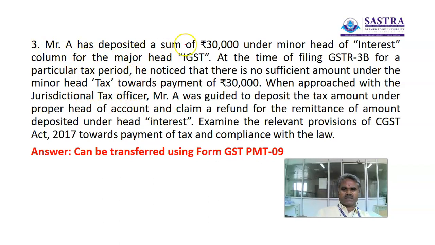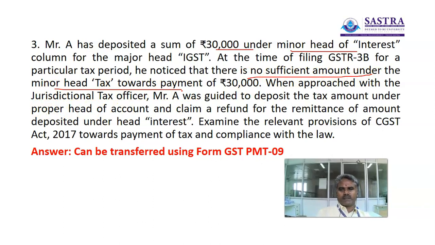A has deposited a sum of 30,000 under the minor head of interest for major head IGST. At the time of filing GSTR 3B for a particular tax period, he noticed that there is no sufficient amount under the minor head tax towards payment of tax.